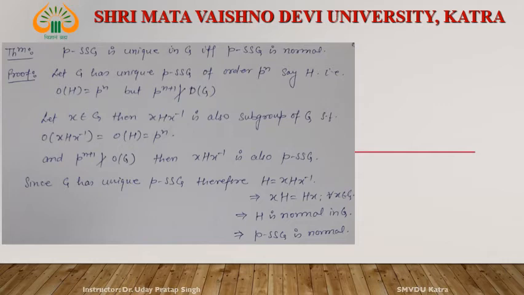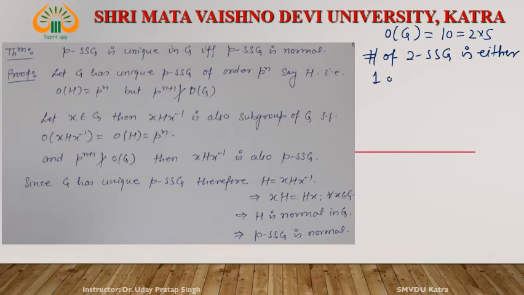Now let us see one more important result. See, in the above example, if the order of G is 10, that is 2 into 5, then the number of 2 Sylow subgroups is either 1 or 5, and the number of 5 Sylow subgroups is only 1.